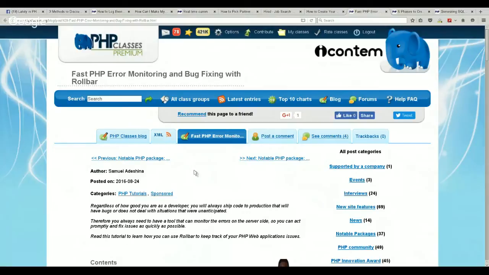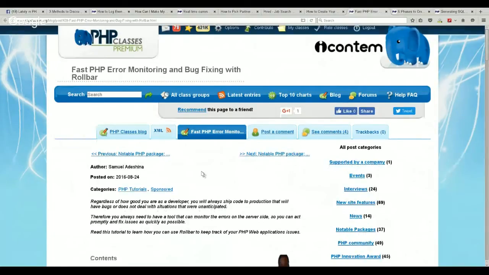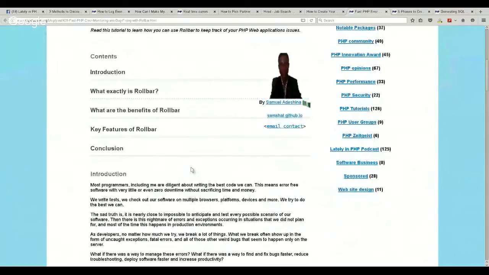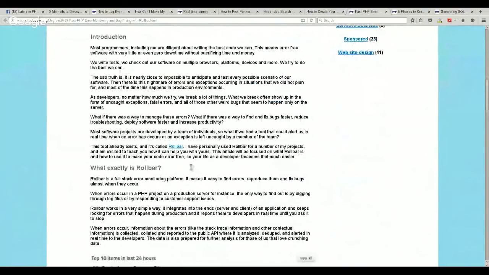Of course. Okay. Next article is about an interesting service that monitors errors in your applications, which is called Rollbar. This one was written by Samuel Adesina, and it is a tutorial on how to use this Rollbar service.